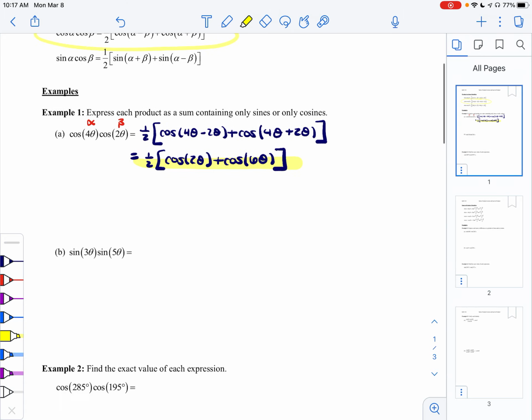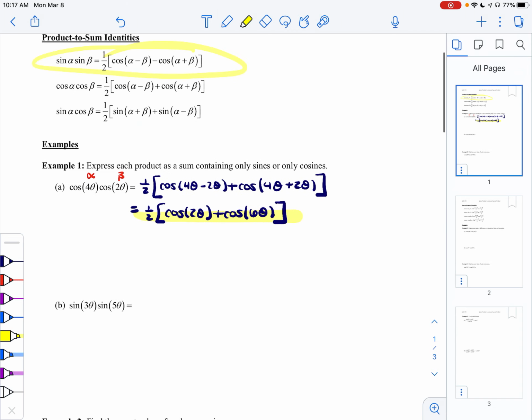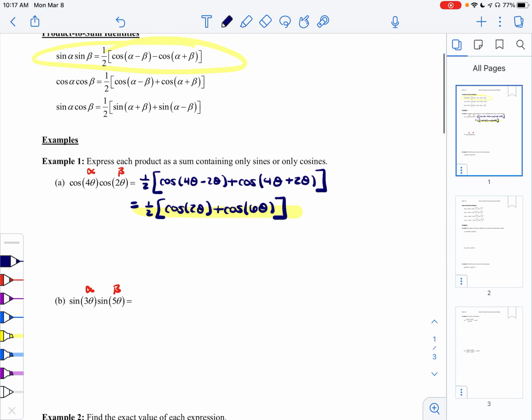Similarly, for example 1b here, we have sine of 3 theta times sine of 5 theta. So this time we have a product of two sines, so we're going to be using this top formula right here. I am going to label my angles again as alpha and beta. So 3 theta is alpha, 5 theta is beta. I'm just going to plug it in.